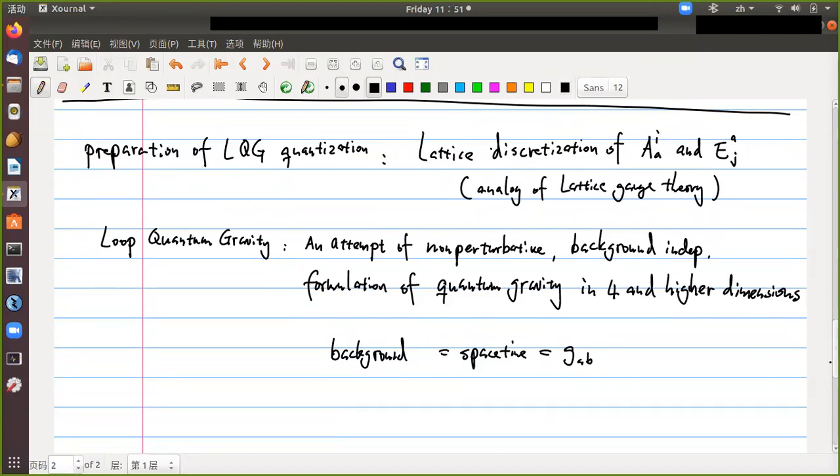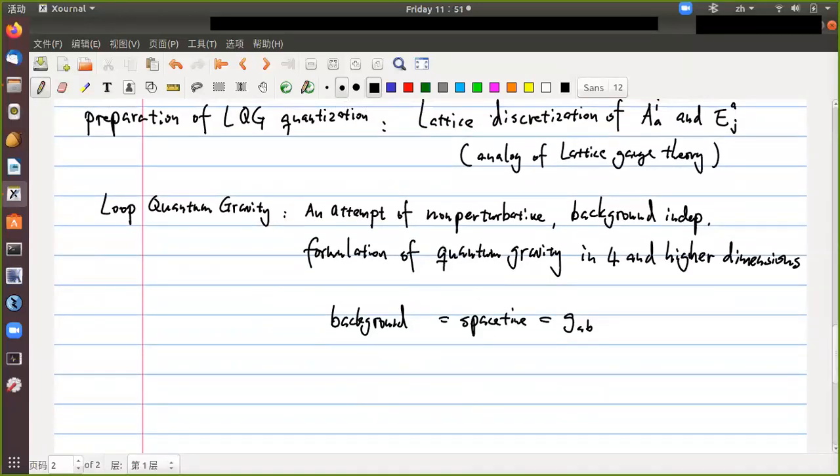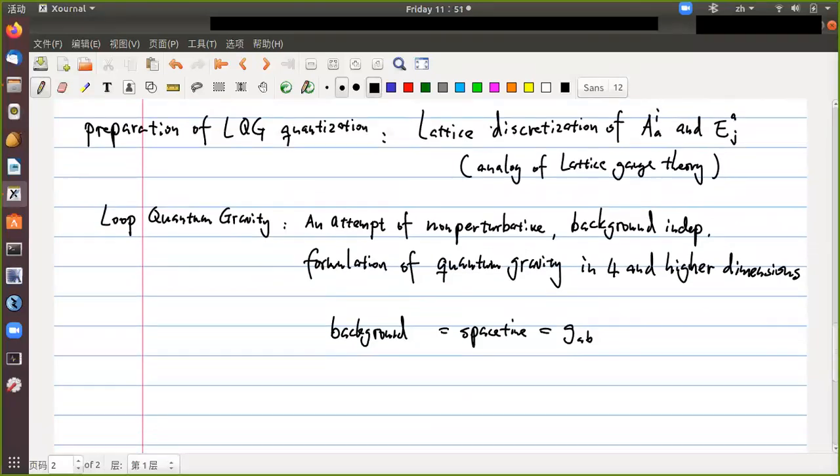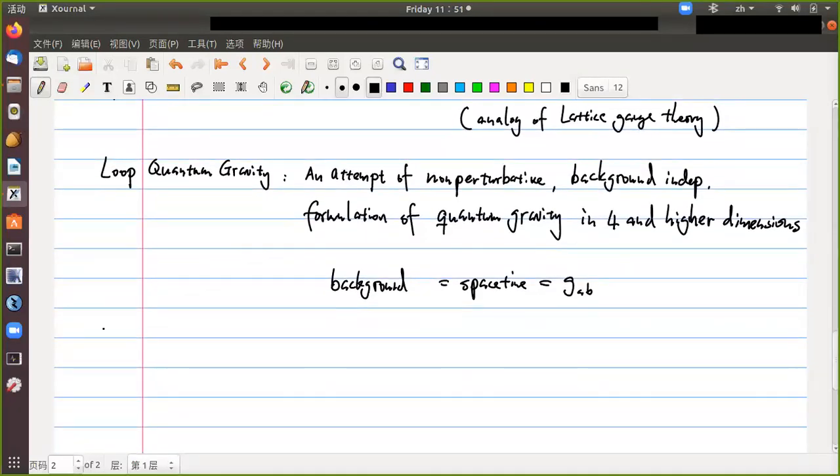Okay, so I hope I make this clear for everybody. So how to actually do this? Now let's come to our spatial slice. This is our spatial slice sigma. In so-called lattice gauge theory, we first have to build a lattice.